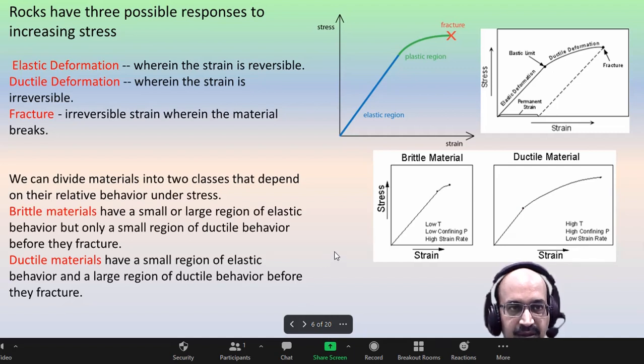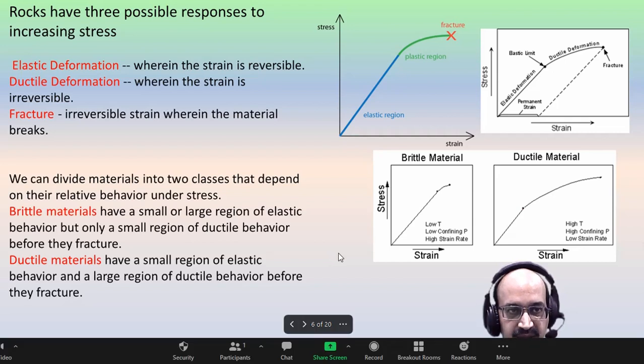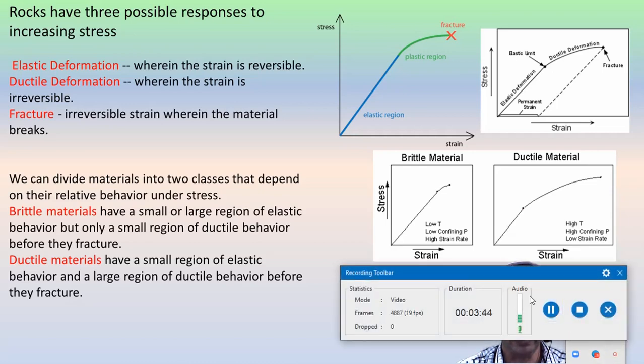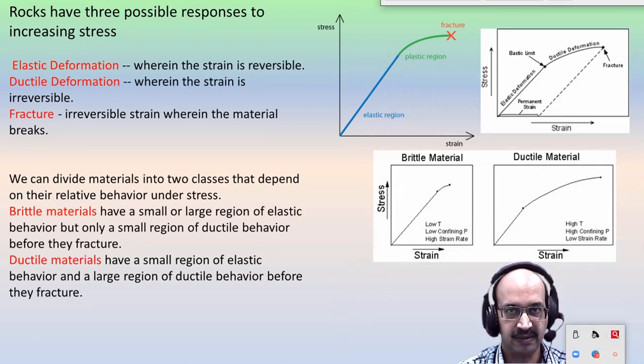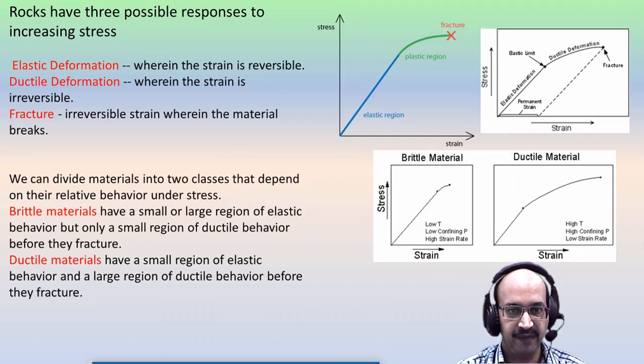There are two basic types of deformation. One is called elastic deformation and another is called ductile deformation. So these two are the basic categories of deformation, and we all can understand these basic categories of deformation.